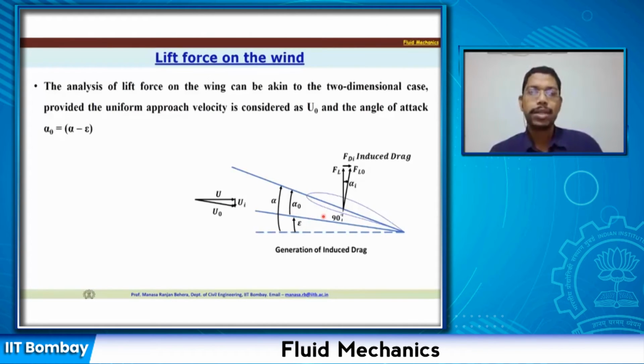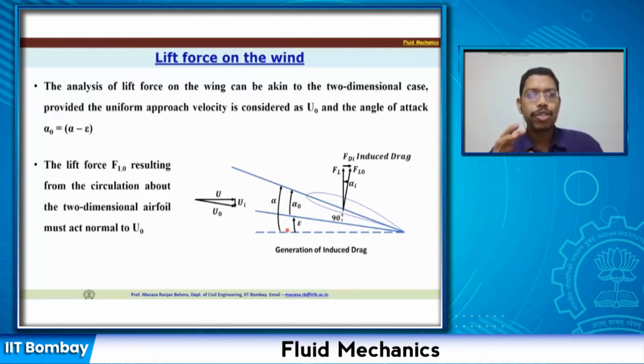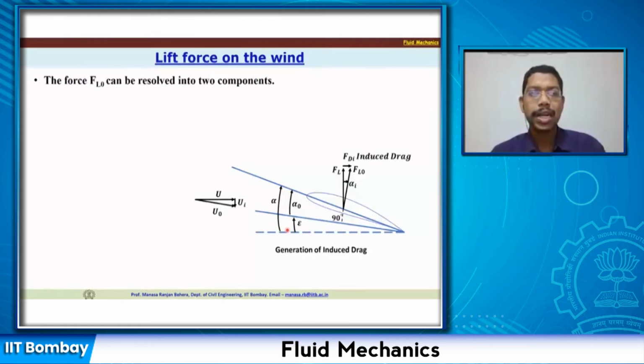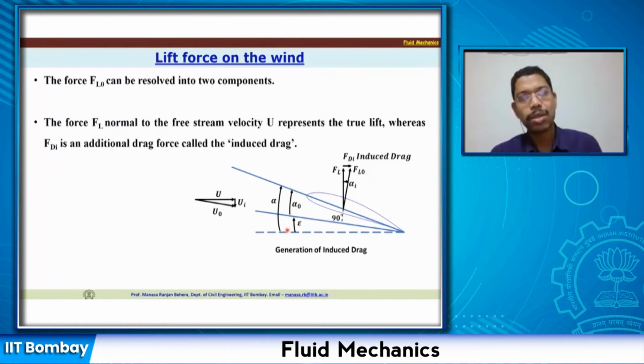All right, so this lift force FL0 resulting from the circulation about the two-dimensional airfoil must act normal to U0. That's what we have already discussed, and the force FL0 can be resolved into two components.